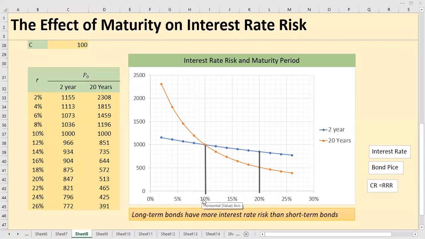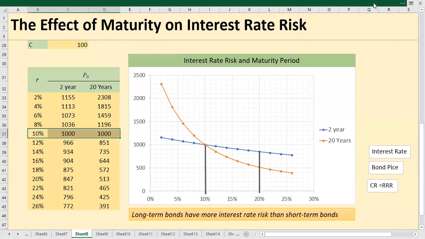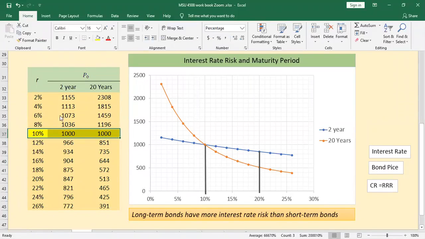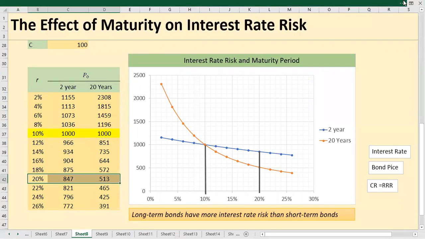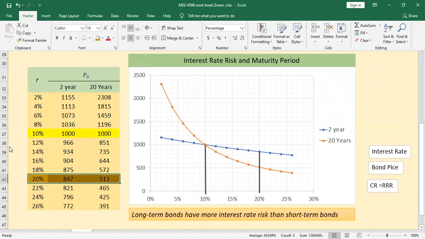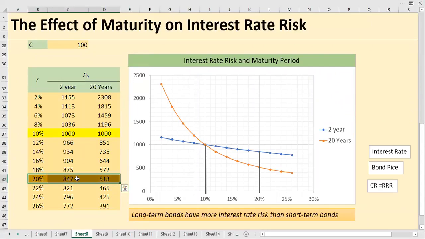Now at this point, when the required rate of return is 10%, the value of the bond is 1000 rupees for both the bonds. Now when the required rate of return is 20%, the value of the bond for the 2-year bond is 847.